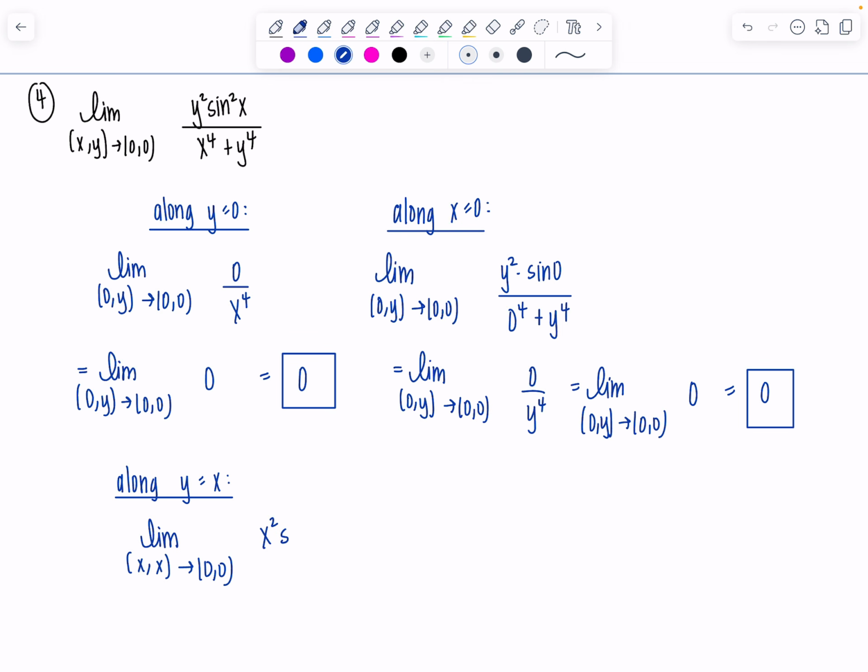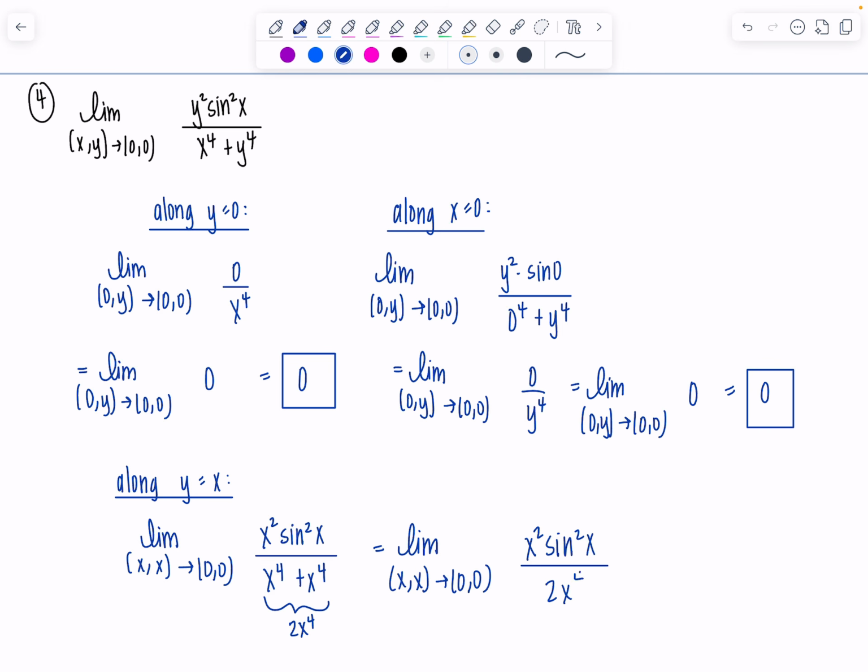So x squared sine squared x over x to the fourth plus y to the fourth. Okay, so we know this is going to be 2. What did I do? I meant to put an x there. That was silly. 2x to the fourth. So then now we have the limit as x goes to 0, 0 of x squared sine squared x over 2x to the fourth.